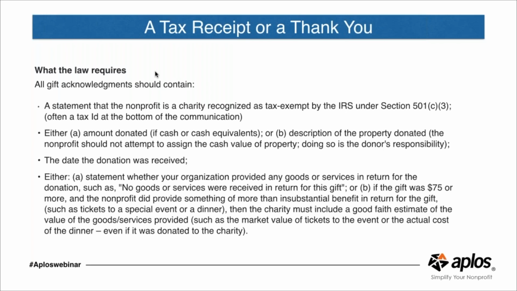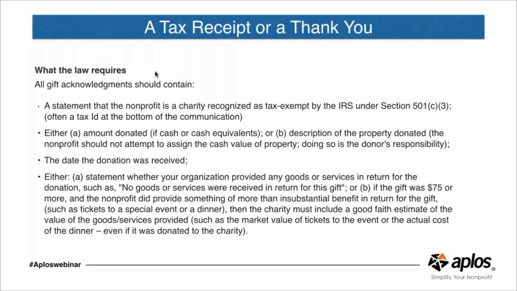Or if it was $75 or more, you have to outline what that service or item was. For small or medium-sized nonprofits, this gets into things like golf tournaments, special events, or dinners. You're required to separate the amount that was the donation from the value of the item that they received. So let's take, for example, you're having a fundraising banquet.